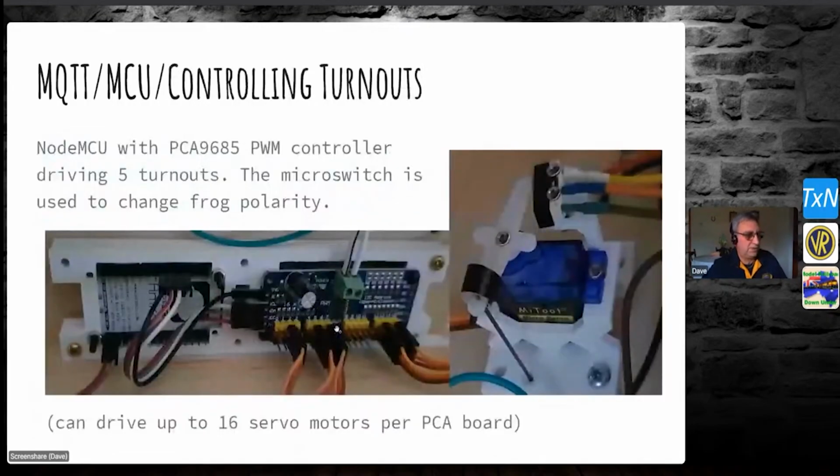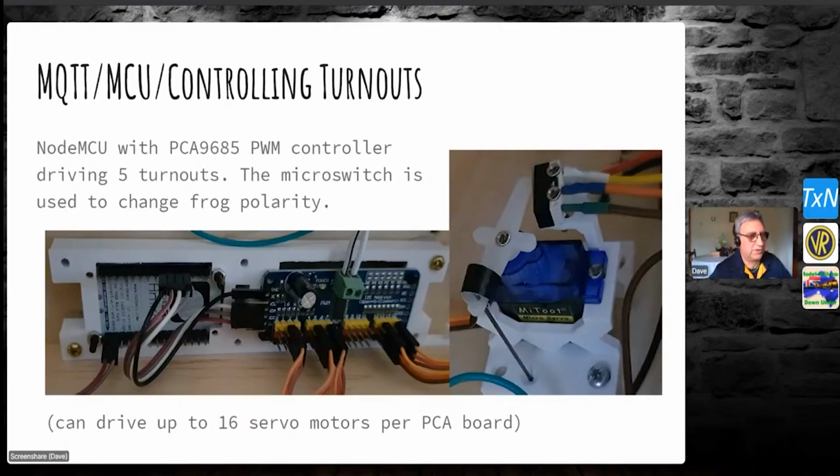Okay, now this is a little peep underneath my layout. I have a Node MCU in this case with one of these PWM boards, and I have 5 servo motors connected to that. There's one there as an example.